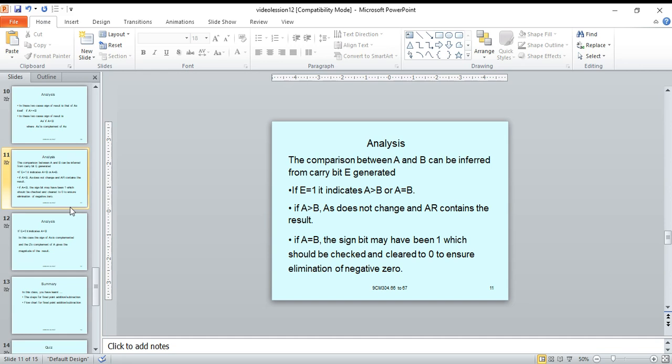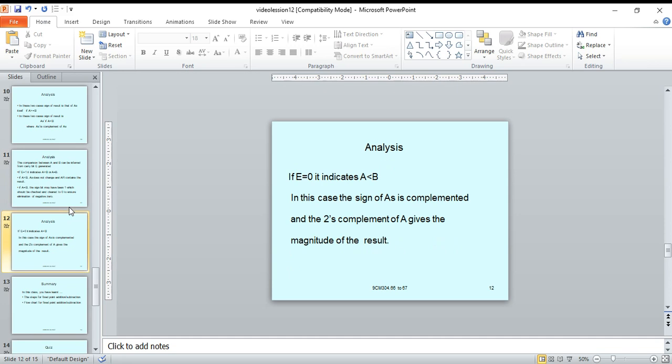And if A equal to B, the sign bit may have been 1, which should be checked and cleared to 0, to ensure elimination of negative 0. And if E equal to 0, it indicates that A is less than B. In this case, the sign of AS is complemented and the 2's complement of A gives the magnitude of the result.